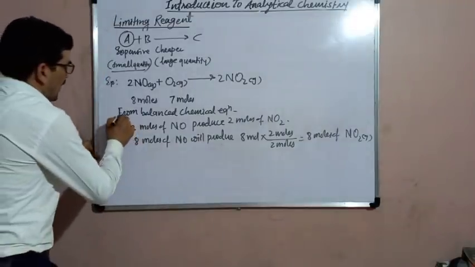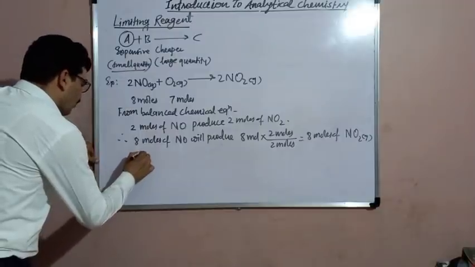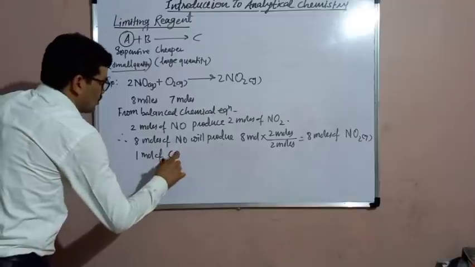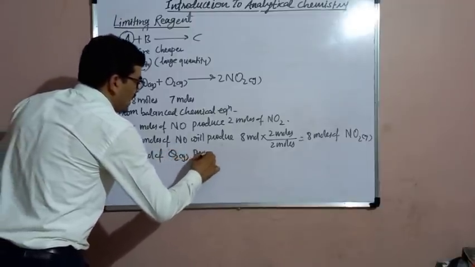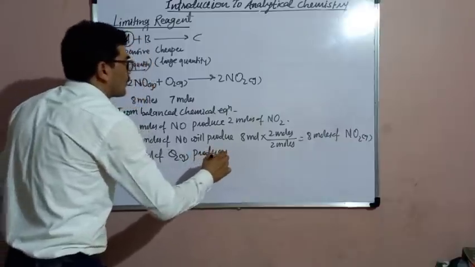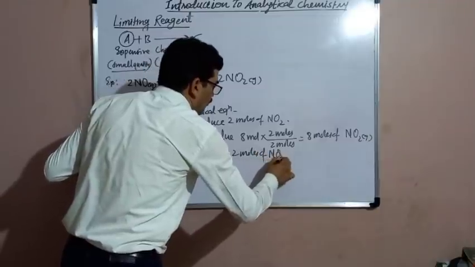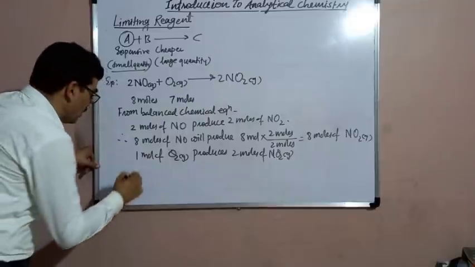Now, again from the balanced chemical equation, see that 1 mole of O2 gas produces 2 moles of NO2.